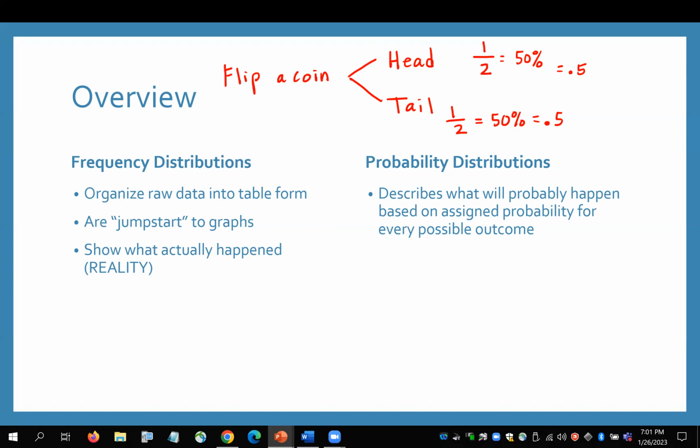But what if I flip it 10 times or 20 times or 100 times? What's the probability that I would get 5 heads or 20 heads or whatever?